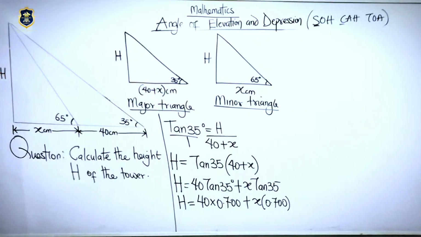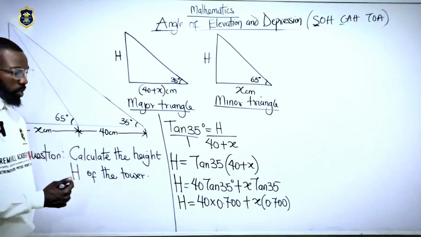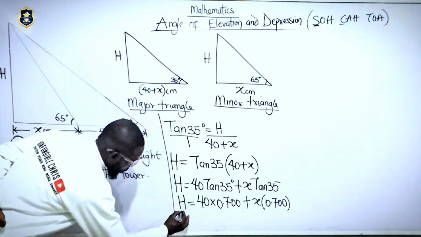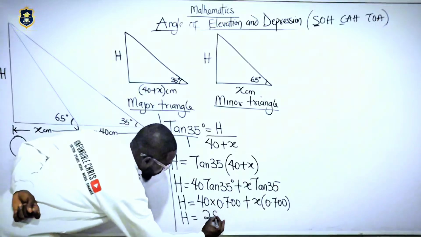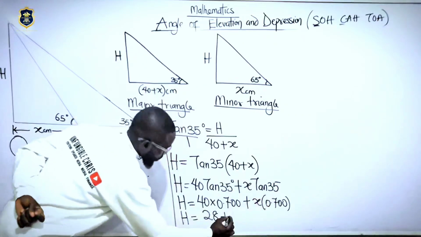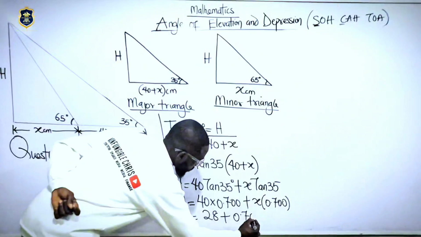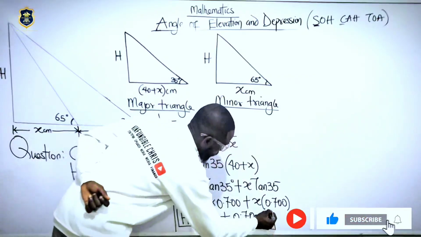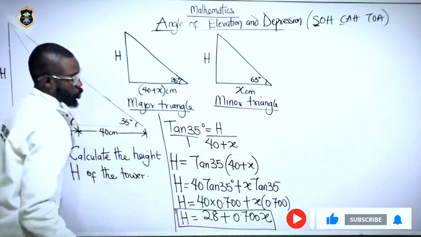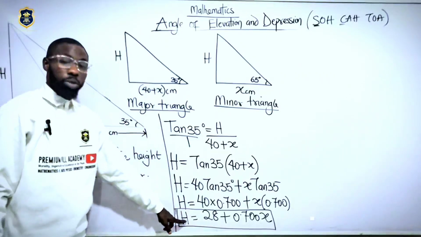If we multiply 40 times 0.700, h is going to be 28 plus 0.700x. So this is our relation, the height for the major triangle. Just using the major triangle, this is what we got.